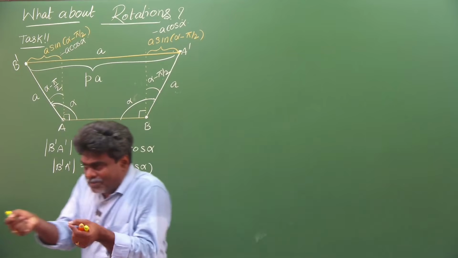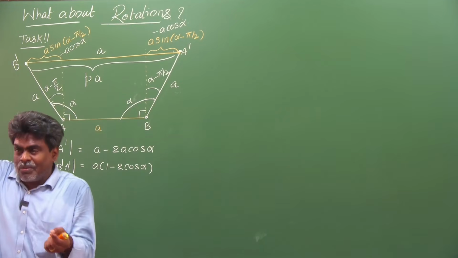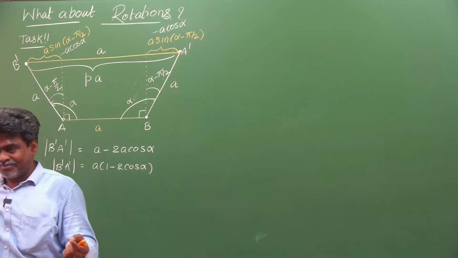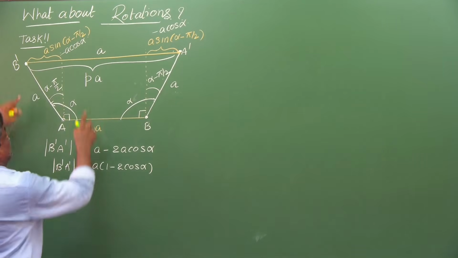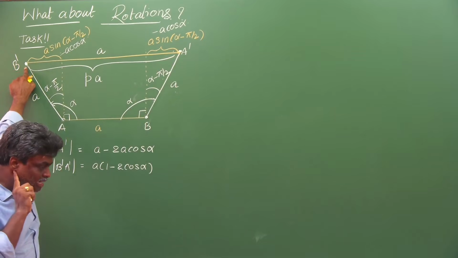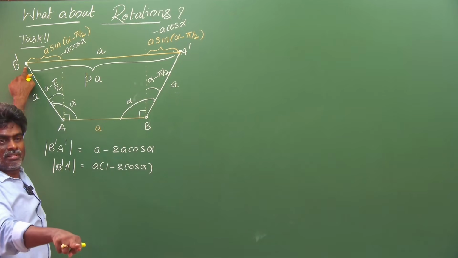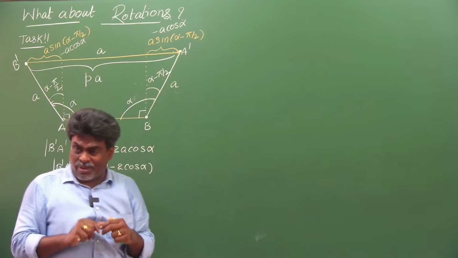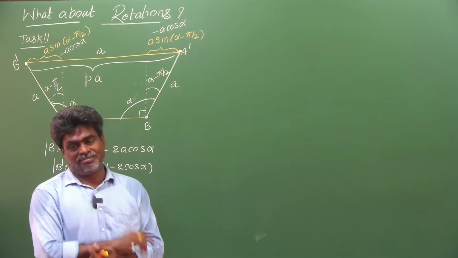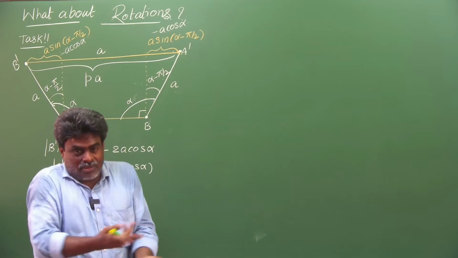I said earlier lattice parameter is A. So everywhere what I have to do? 2A, 3A, 4A, 5A like that. So if you assume this A prime and B prime are also valid lattice points, then they must represent a lattice vector whose magnitude is an integer times A. Then only they are valid, otherwise no.